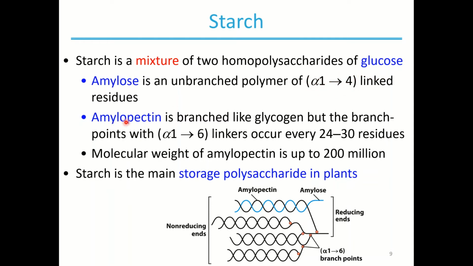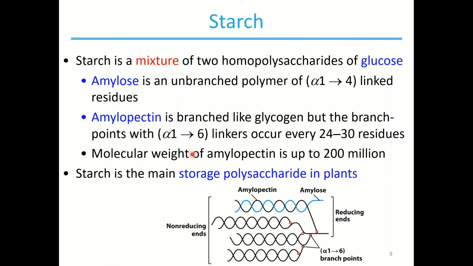Amylopectin, on the other hand, is branched like glycogen. It's alpha 1 to 4 with branches of alpha 1 to 6. So in a sense, amylopectin is really the same thing as glycogen, except now these branch points occur only every 24 to 30 residues. The molecular weight of amylopectin is up to 200 million grams per mole.